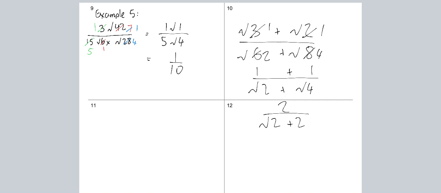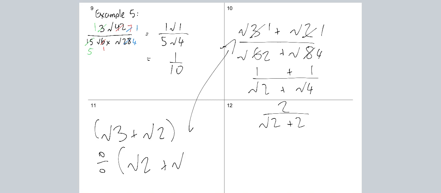If you are on my left, so this table onwards, can you please get your calculators out and work out what that is, which is, this is how you do it on your calculator, root 3 plus root 2 divided by root 2 plus root 8.